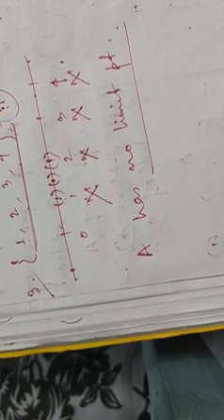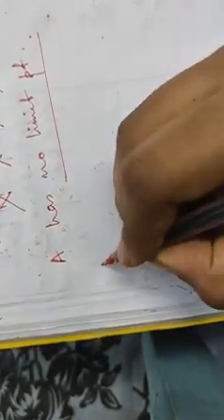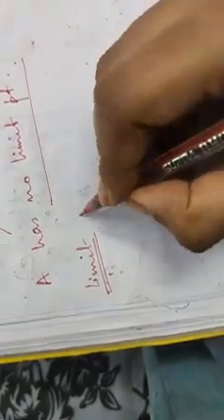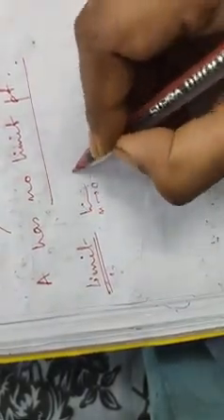Now moving to the definition of limit, that is, limit as x tends to c of f(x) equals L. How will we define it? Using the epsilon-delta condition.